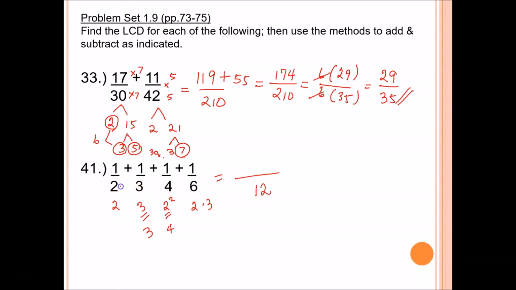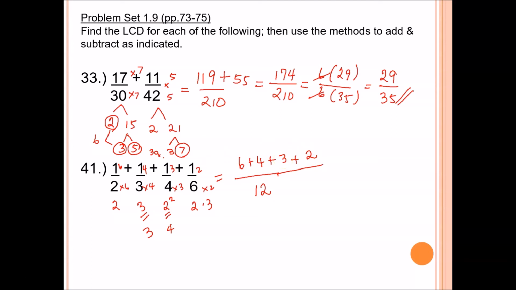So now let's try 12. Okay, and then we replace. So 2 will be times 6, so this is also times 6. We have 6, plus 3 is times 4, so this times 4 gives 4, plus 4 we multiply by 3, so this is also 3, plus 6 we multiply by 2, so the top is multiplied by 2, so that will be 2.